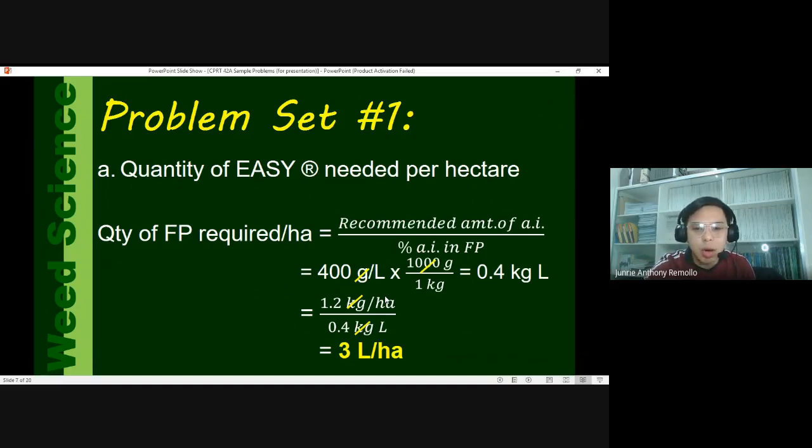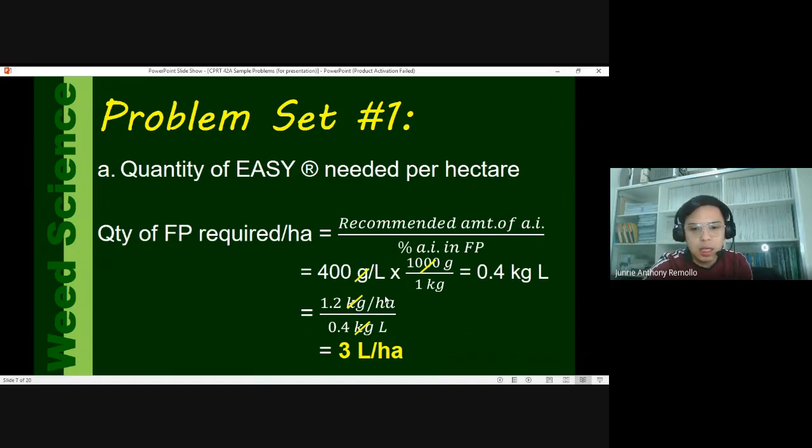And we need to cancel the grams unit as we facilitate the multiplication. So cancel the gram from 400 and the 1,000, and what remains are the kilogram and the liter. That's why I put kilogram per liter beside 0.4.